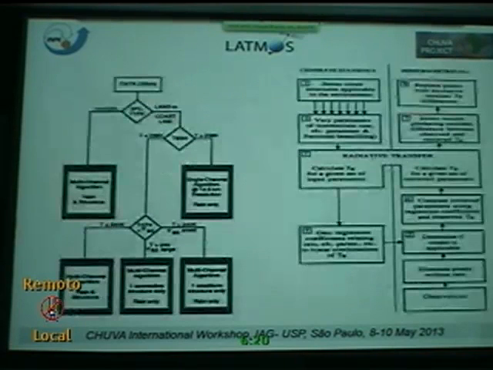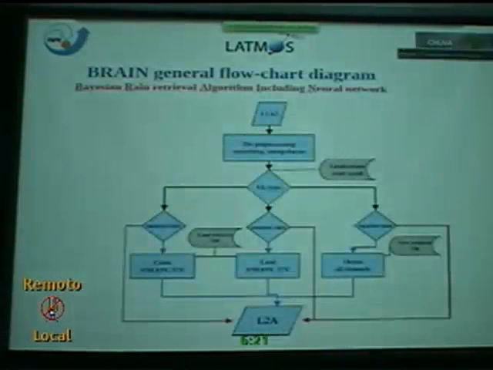This is a little flow chart of how we deal with the data. First of all, we need to decide which type of surface we are dealing with, and then we perform the retrieval. On the other side, we have BRAIN; I believe the next presentation is about this retrieval model.